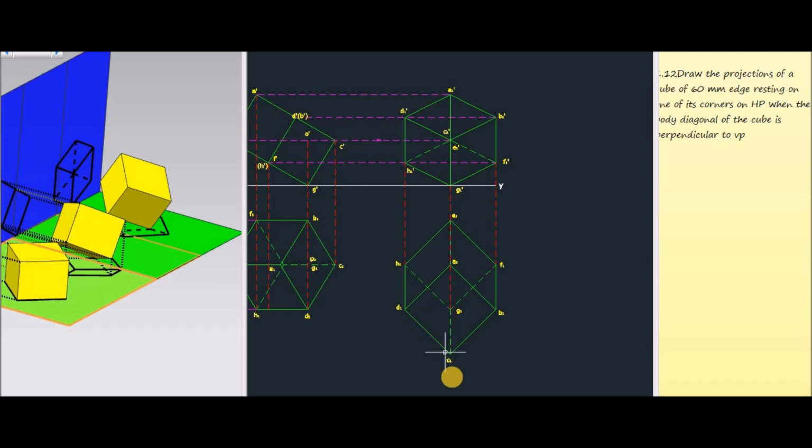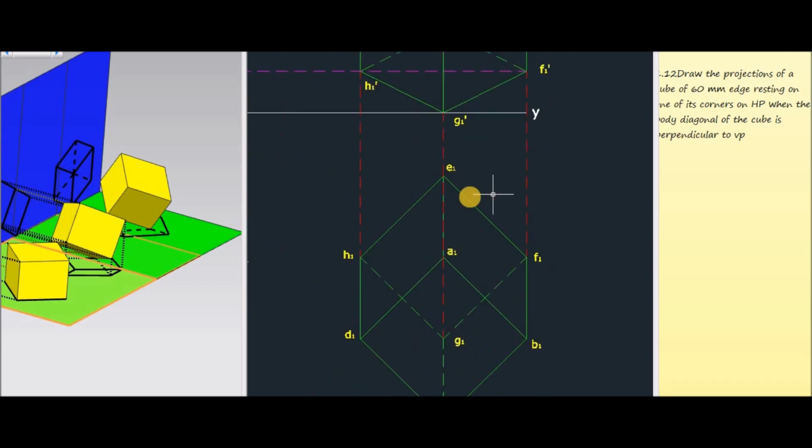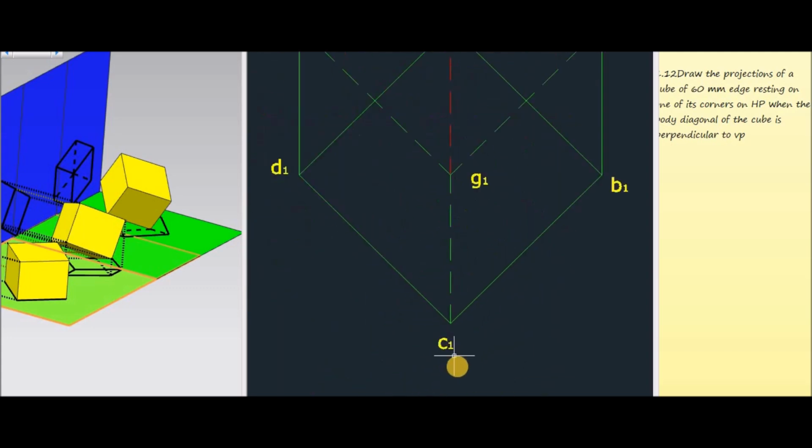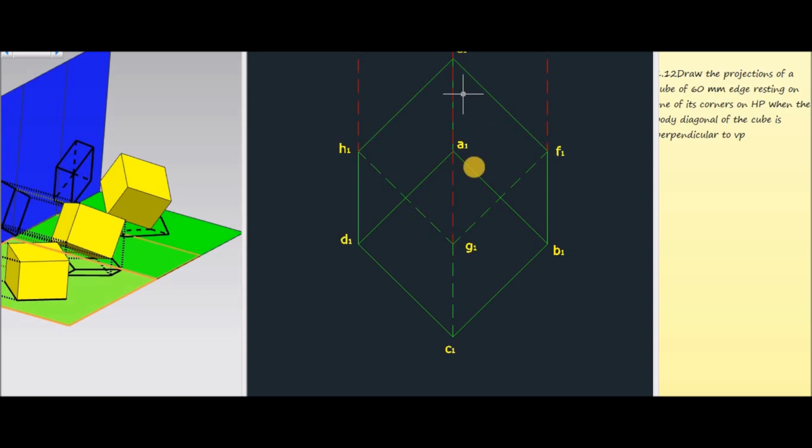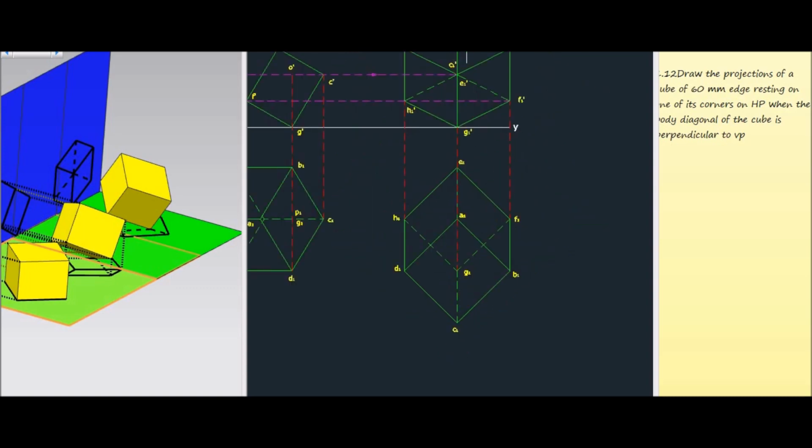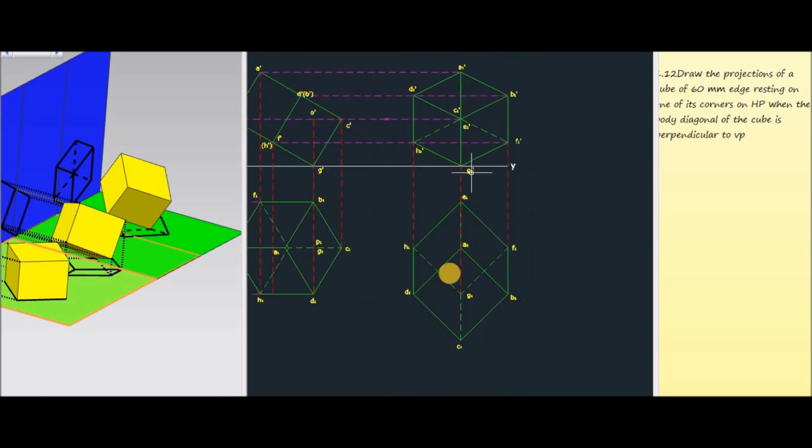Now in the final stage, from here you can see the points E1 and C1. This is the body diagonal, and it is perpendicular to the XY line. This is the XY line. Now E1 C1 is perpendicular to the XY line, which means the body diagonal E1 C1 is presently perpendicular to the vertical plane.